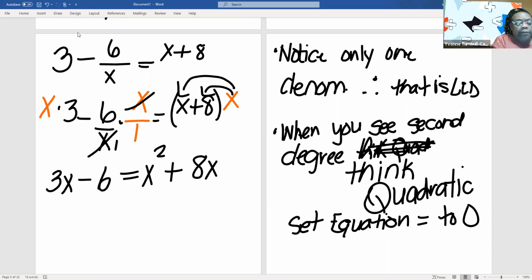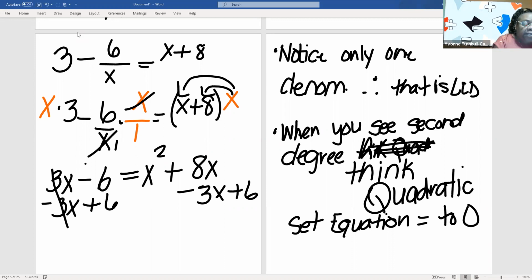So I'm going to bring the 3x over, lining it up right here with the like term. I'm going to bring the 6 over. There's not another constant, so I'm just going to put it by itself. These equal 0, so that's the 0 I was needing right there.